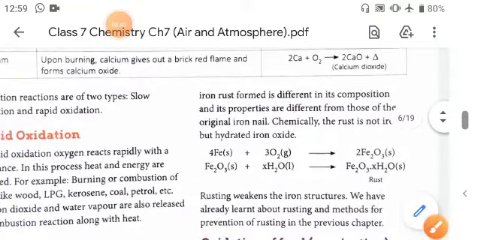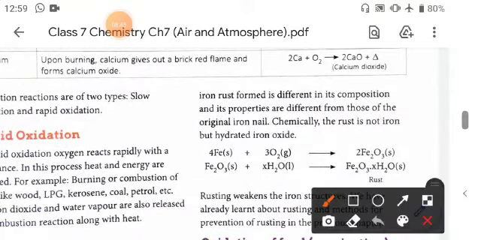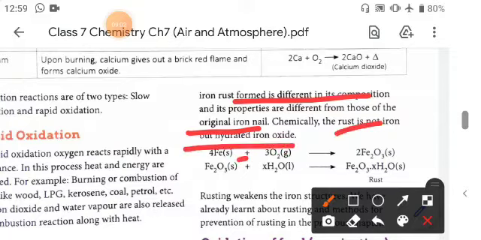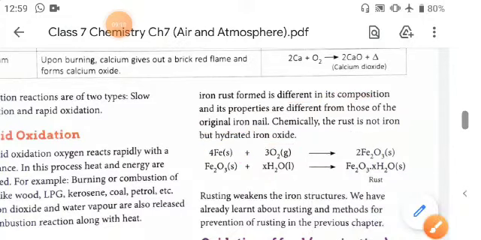The iron rust formed is different in composition, and its properties are different from those of the original iron nail. Chemically, rust is not iron but hydrated iron oxide. Iron reacts with oxygen in the presence of moisture to give iron oxide, that is rust.